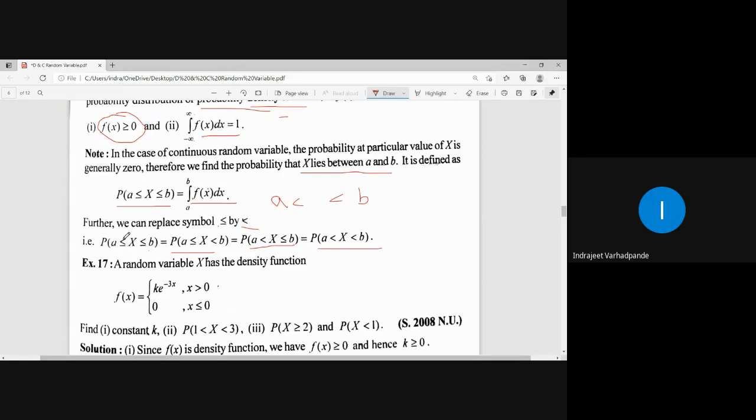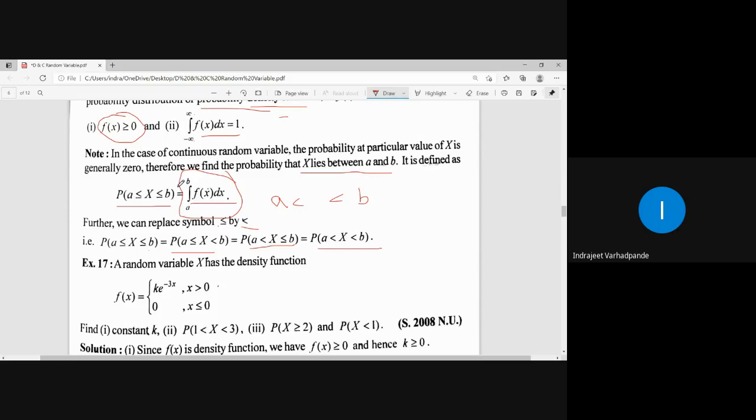So whenever it is either less than or equal to or less than, the meaning remains the same. The implication of that particular thing remains the same. Ultimately, you have to integrate the given f of x between a to b and get the answer.